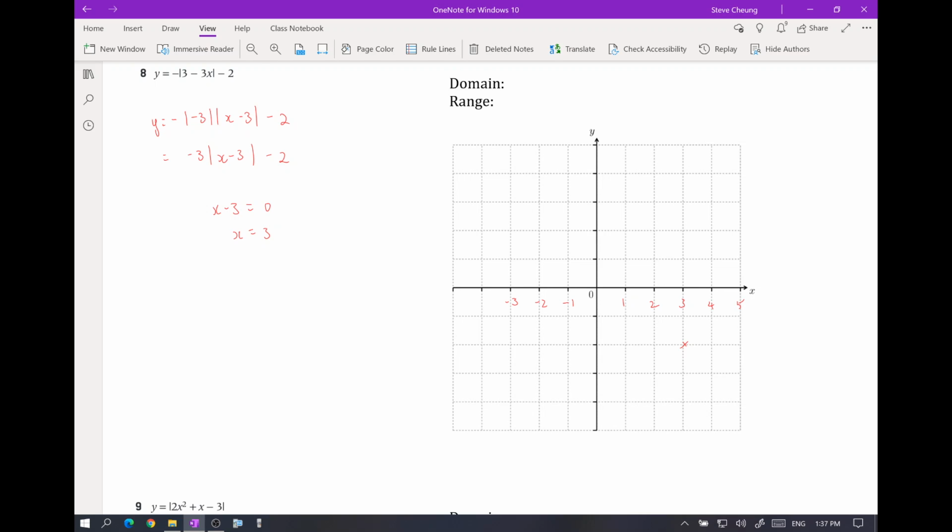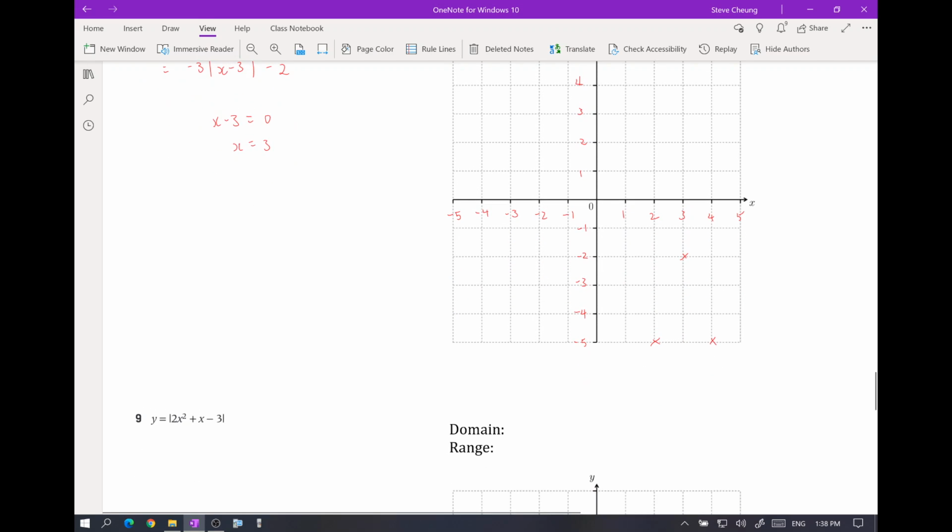The scale factor is -3, so that means it's going to point down with a gradient of 3 pointing downwards. So in other words, you can think of it as a negative gradient of -3. So that means the next point should be here and here.